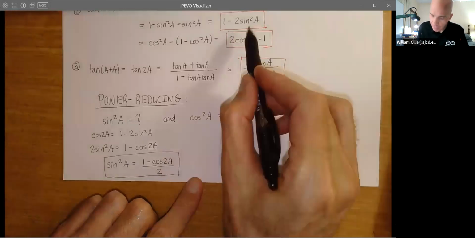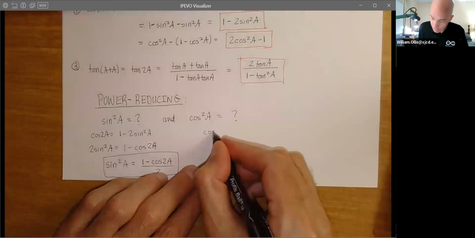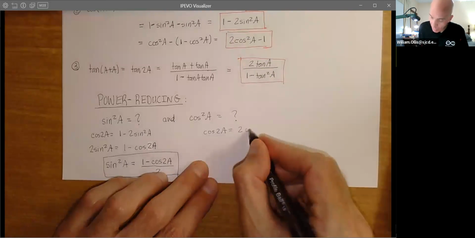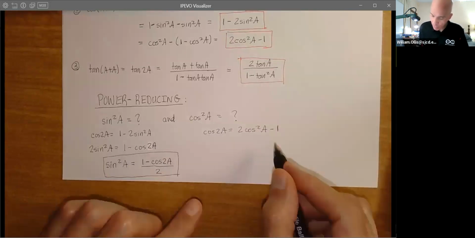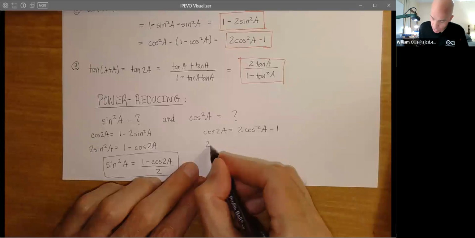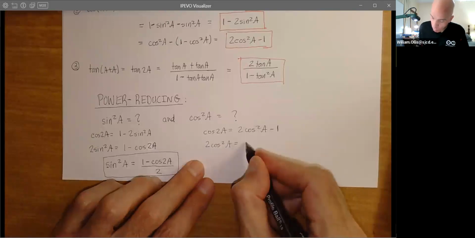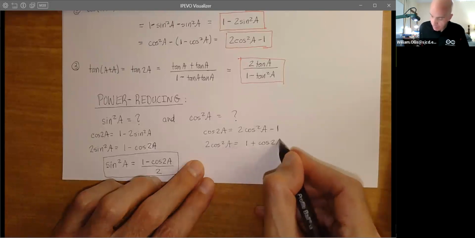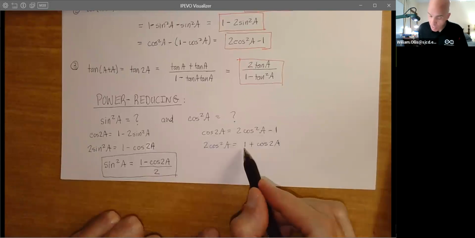What about this one? Cosine of the double angle equals 2 cosine squared A minus 1. Well, let's just take that over. So 2 cosine squared A equals 1 plus cosine 2A. Again, the 1 joins the cosine 2A, so we get 1 plus cosine 2A.